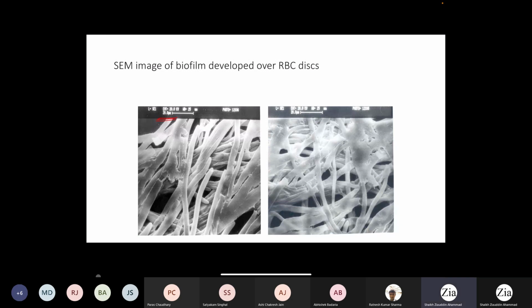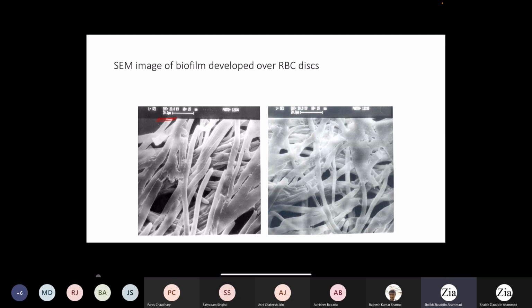But when you talk about observing the surface in your compound microscope, it will not be that clearly visible compared to an electron microscope. When you observe anything under an electron microscope, the picture clarity will be much higher.